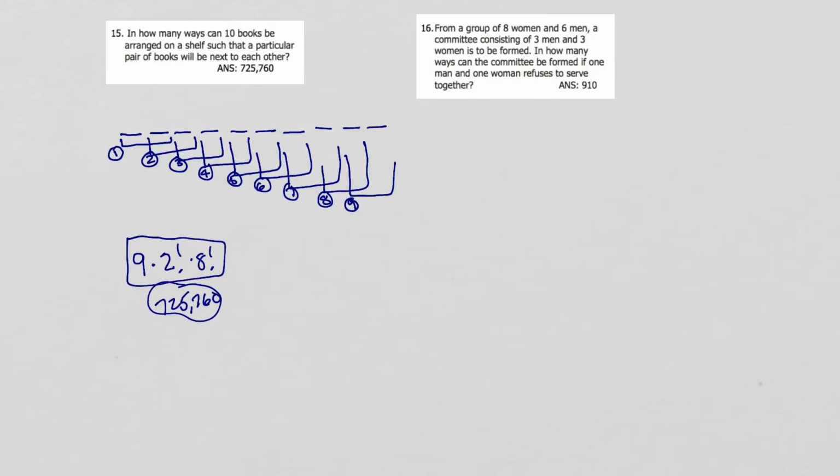Number 16, we've got 8 women and 6 men, and from them we're going to get a committee consisting of 3 men and 3 women. But what we want to know is how many ways can we do that if 1 man and 1 woman just refuse to serve together? I'm going to start this problem like this, just so I can summarize what's going on.